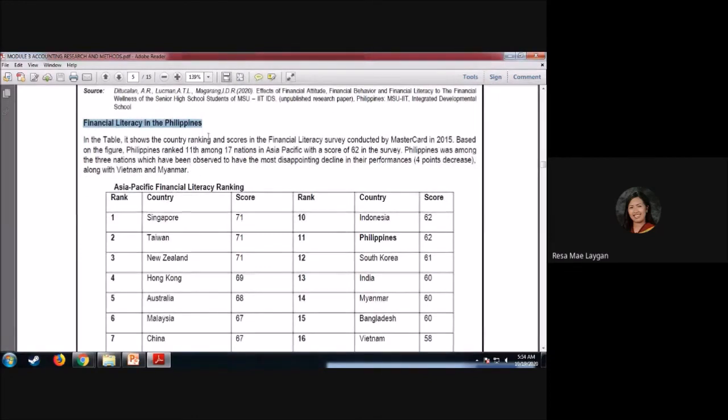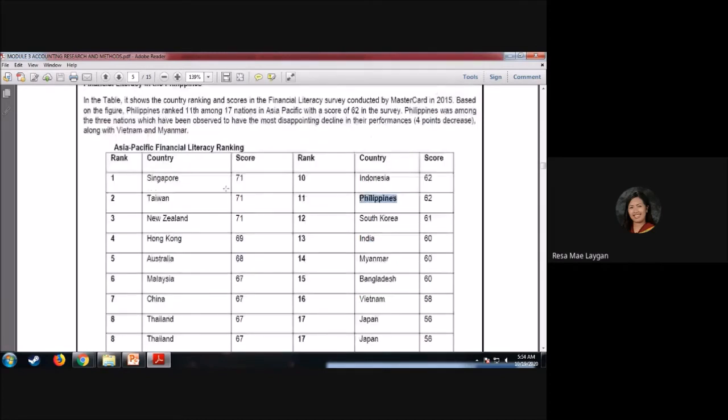So the authors showed the status of the Philippines in terms of financial literacy compared to other countries. As you notice, in Asia Pacific, the Philippines ranked 11th and had a score of 62 in terms of financial literacy.